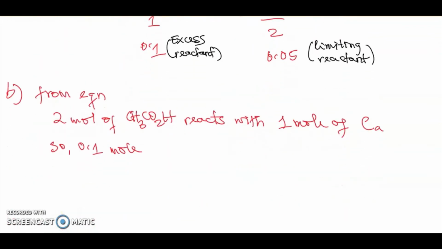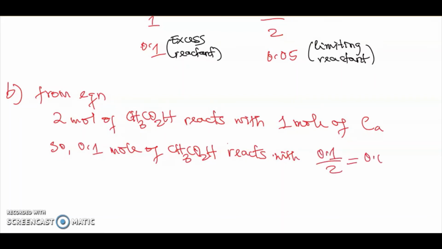So that is where we got this 0.1 from. So 0.1 mole of ethanoic acid reacts with, we take 0.1 divided by 2 and we have 0.05 mole of calcium.